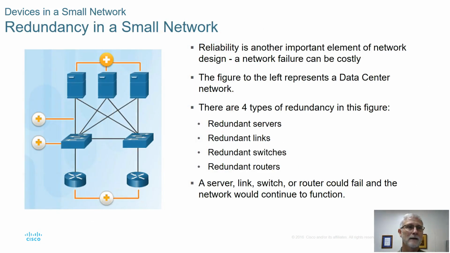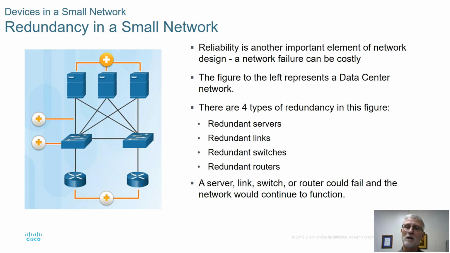Now, the other thing you got to pay attention to is redundancy. Even though you're a small business, can I afford to have a server go out? Can I afford to have a router go out? What happens if an internet provider goes out?